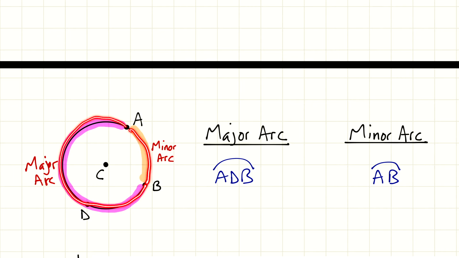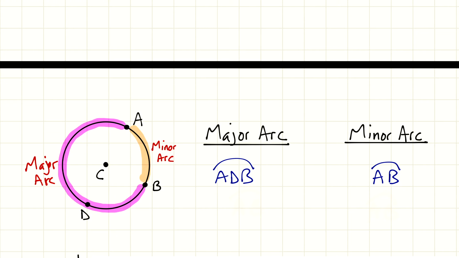You'll notice there's two arcs here, a large arc and a small arc. So the smaller one we call minor, which takes up the minority of the circle. So small one we call minor arc, large one we call major arc. But if we still label them the same, we wouldn't be able to tell the difference.